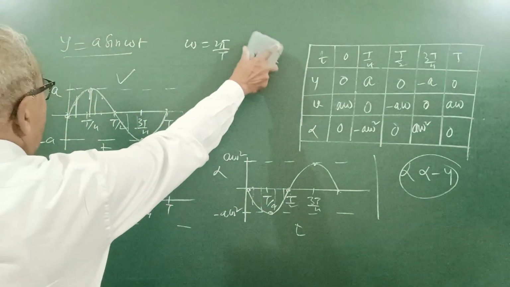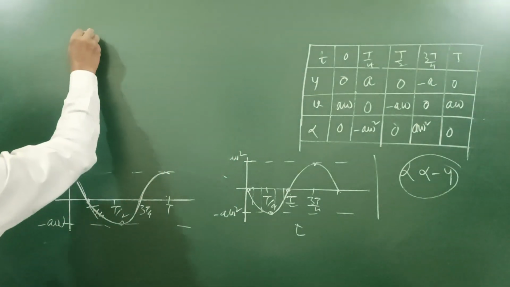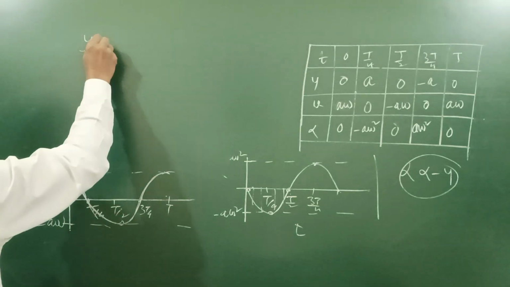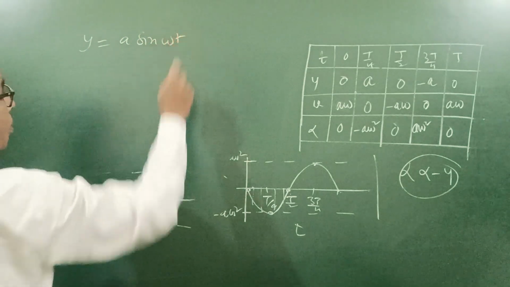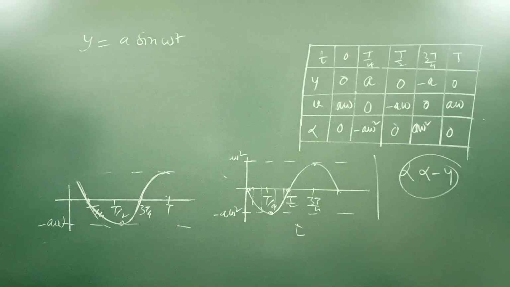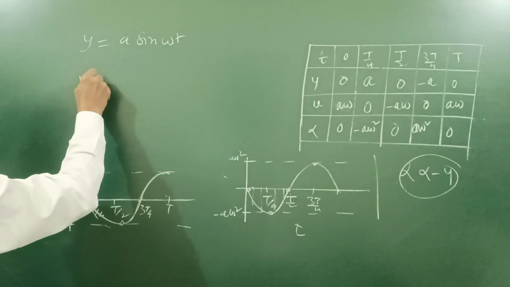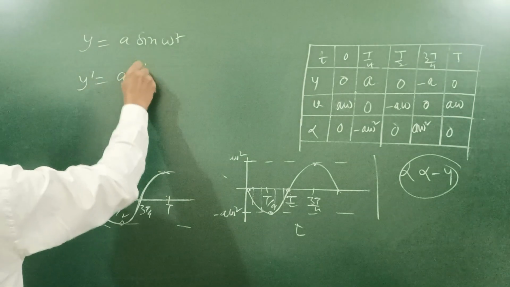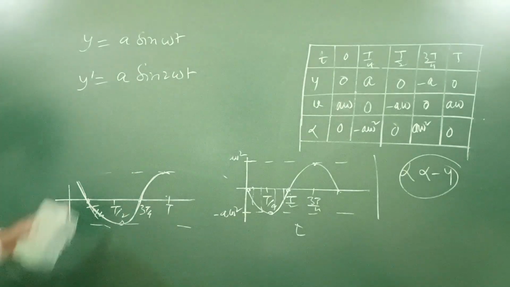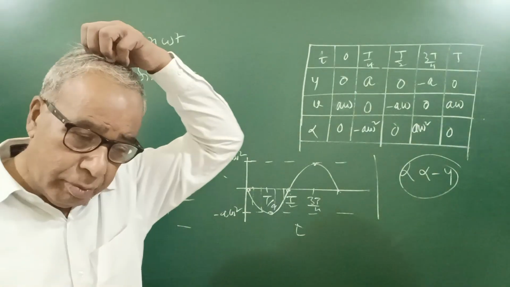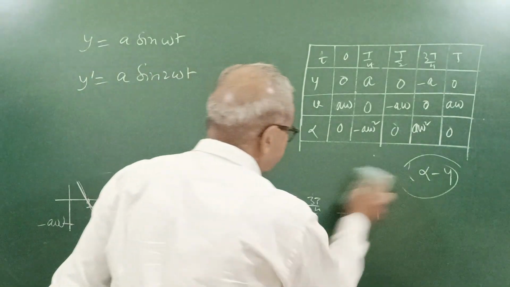Now, please listen to one thing more here. I just derived and plotted this graph by taking y equal to a sine omega t. But there is another motion for which y dash has the same amplitude a but sine 2 omega t. Instead of omega, it is 2 omega. What does this mean?